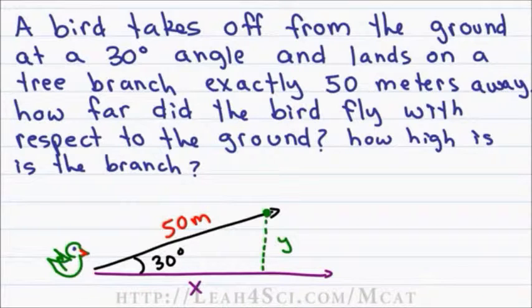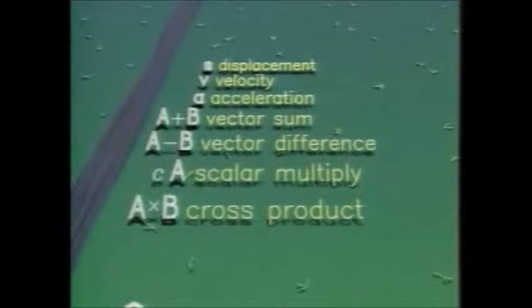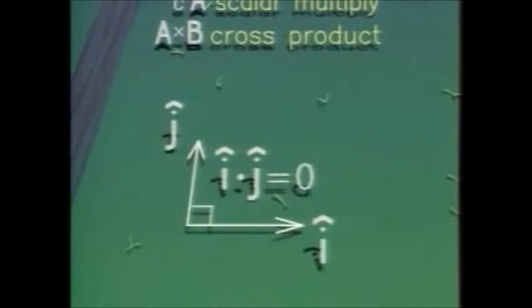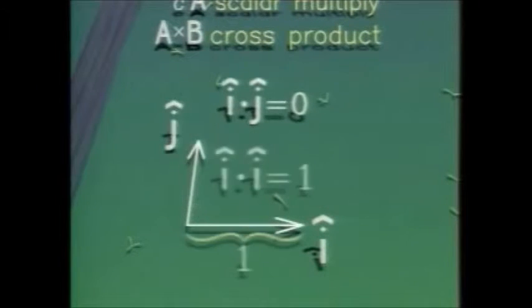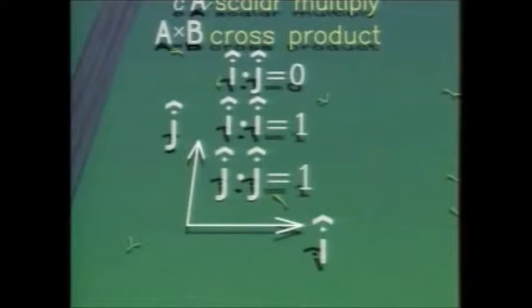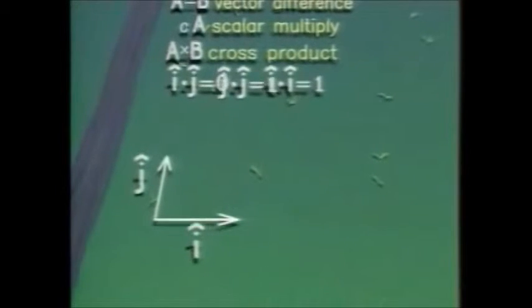So how do we figure out the x and y components? Vector algebra makes use of two perpendicular unit vectors, i and j. The little hat over the vector means that it has length 1.